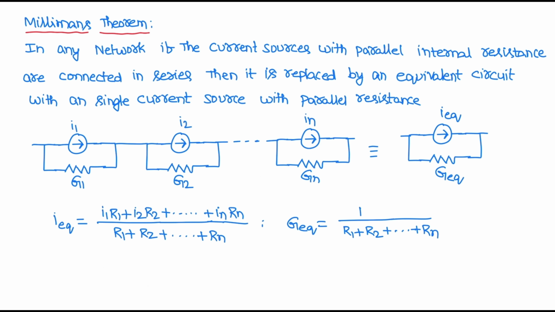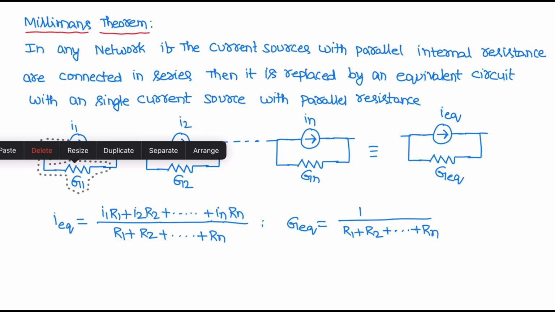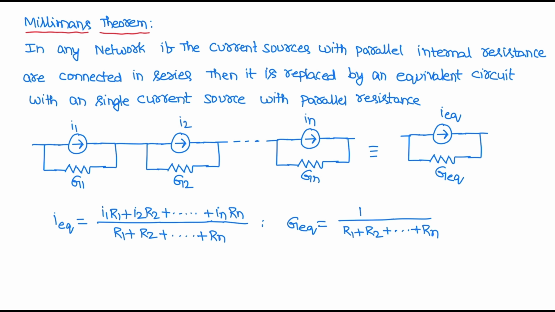Similarly, in any network, if current sources with parallel internal resistance are connected in series, then it is replaced by an equivalent circuit with a single current source and parallel resistance. Here the current source value is I1 R1 plus I2 R2 and so on, up to In Rn, divided by R1 plus R2 and so on up to Rn.